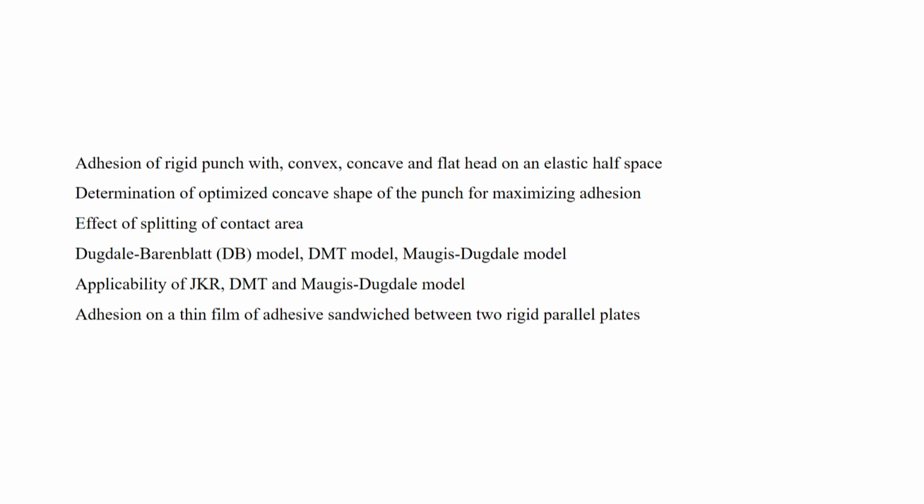I described a rigid punch with convex, concave and flat heads on an elastic half space, and what an optimized concave shape for a punch is for maximizing adhesion. We described the effect of splitting of contact area: the contact area remains the same but you have several punches, and how that affects adhesion.